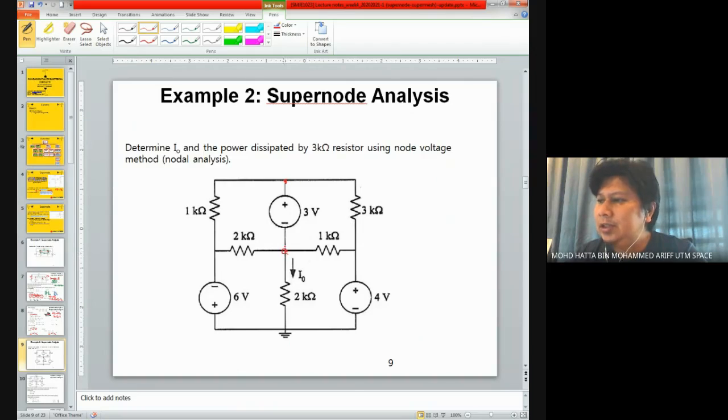In between these two nodes, we have an independent voltage source. So with the voltage between these two non-reference nodes, we can say that this part is the supernode area. In order to apply supernode, we need to apply both KCL and also KVL, right?